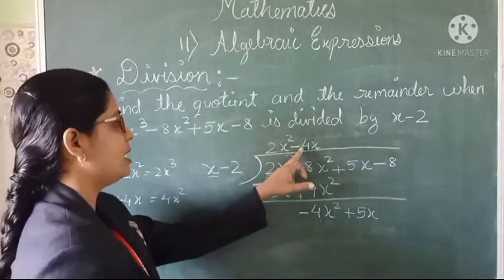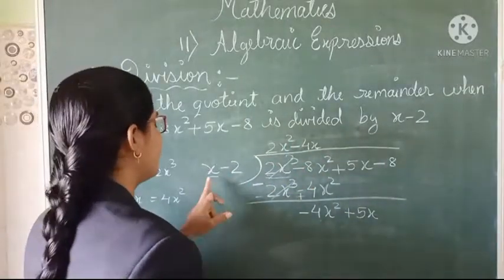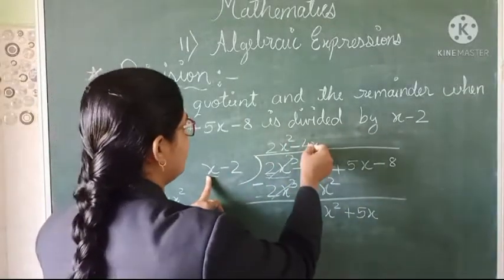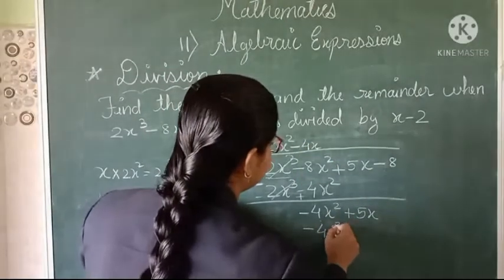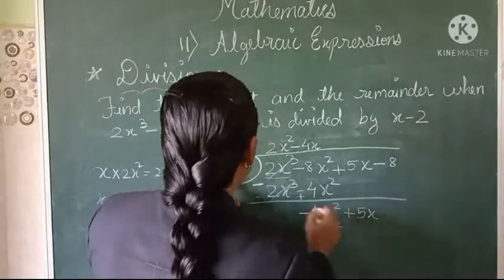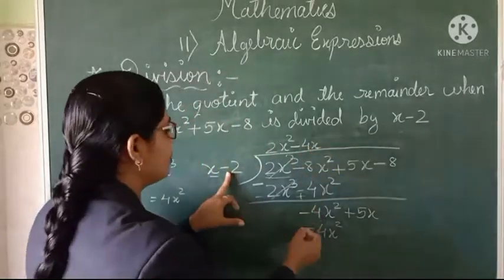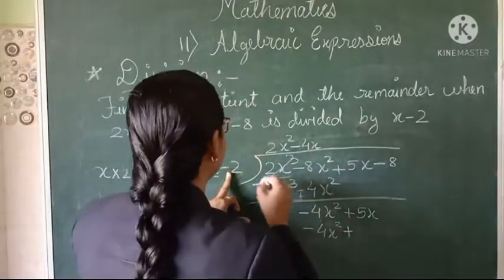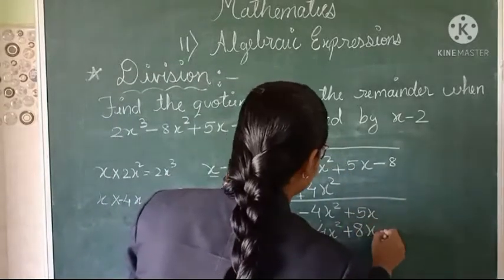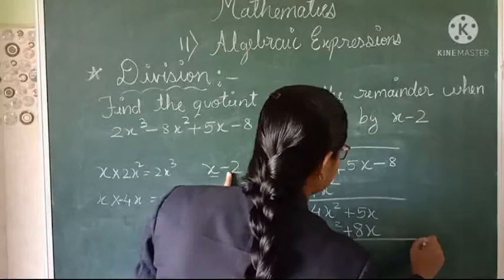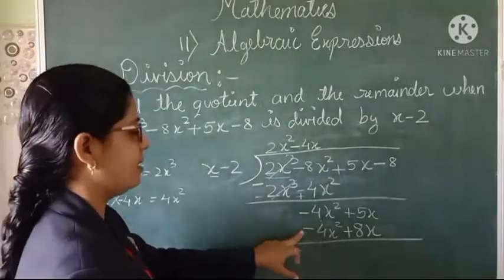Now multiply negative 4x to the whole term. Now negative 4x into x is negative 4x square. Then negative 2 into negative 4, negative will be positive. 4 multiplied by 2 is 8x. Now we have to solve it.